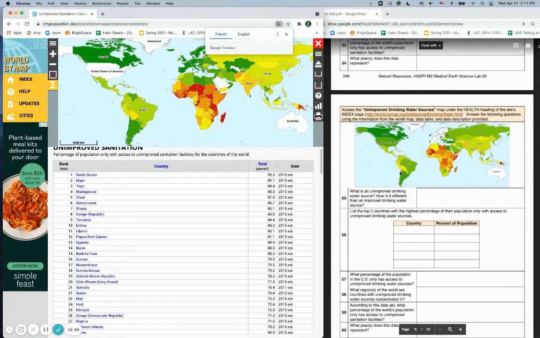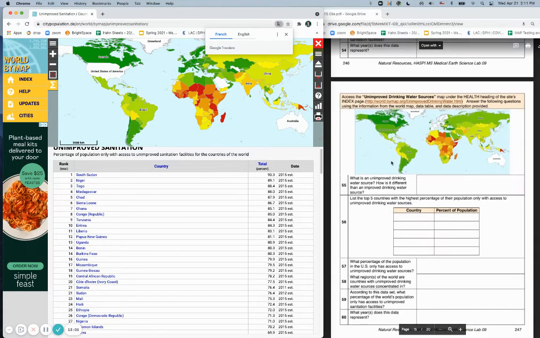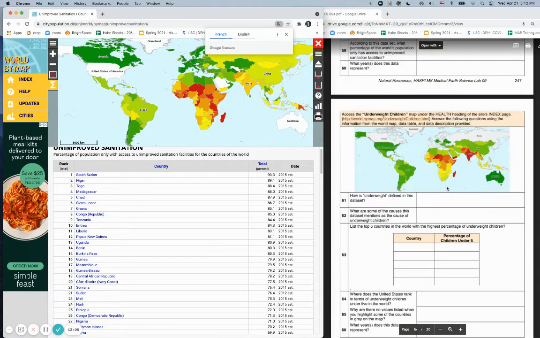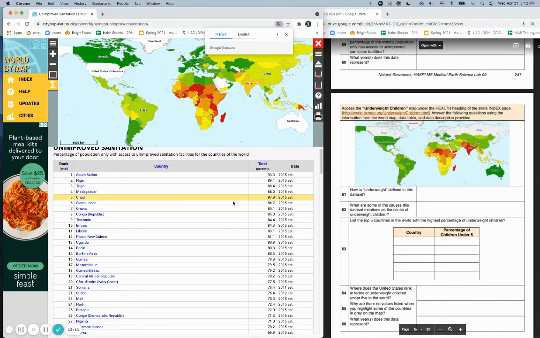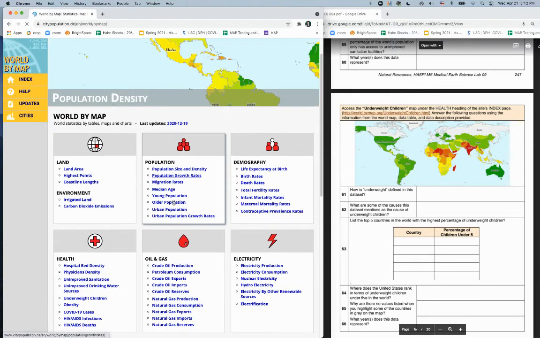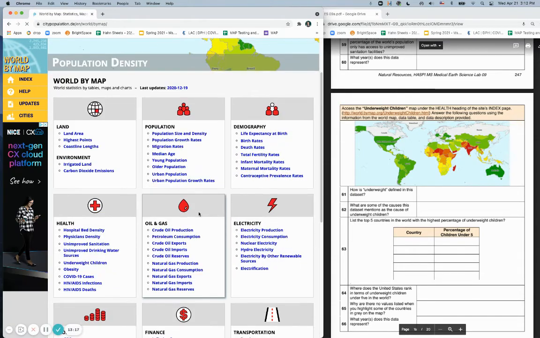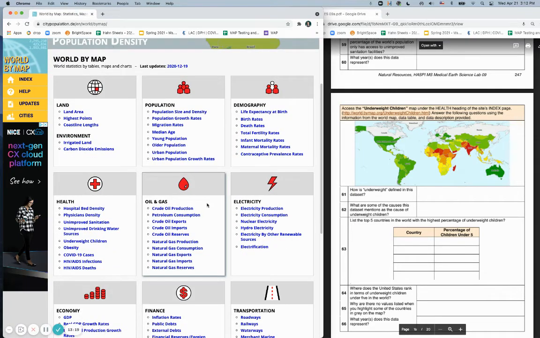Then you'll be looking at unimproved drinking water, what that means. Underweight children, which countries have underweight children, which is probably going to reflect their GDP and their food situation.